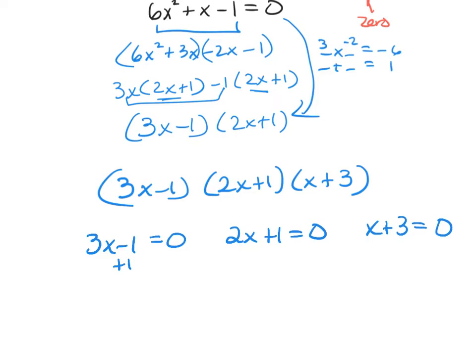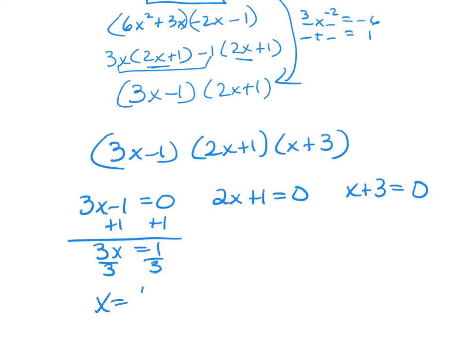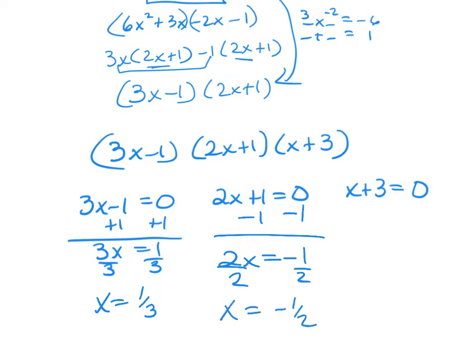So I'm going to add 1. 3x equals 1. Divide by 3. X equals 1/3. Over here, subtract 1. Divide by 2. X equals -1/2.